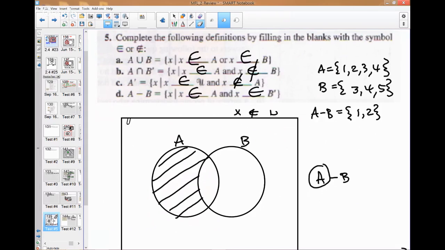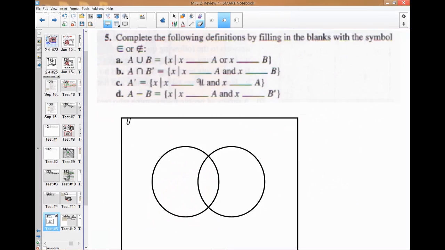Okay, so here's the blank. Complete the following definitions by filling in the blanks with, you guys recognize these two up here? Is an element or is not an element? Did you guys all recognize what those were? Okay, so we got A, we got B. I'm going to just use this as a help. So if you do A union B, what does union mean?